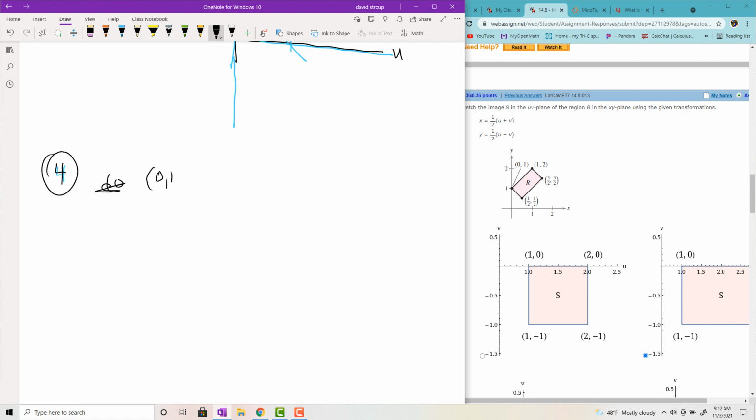So 0, 1, 2, 1, 2. So the slope, 2 minus 1 is 1, all over 1 minus 0 is 1, so the slope is 1. And then you get y minus 1 equals 1 times x.